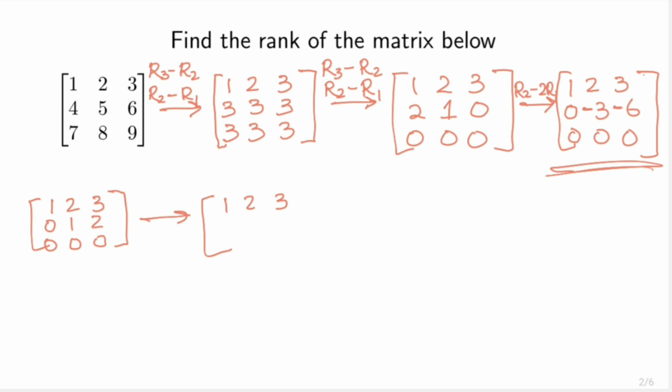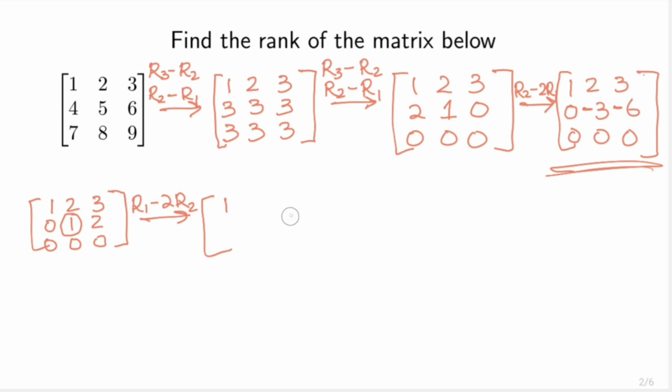So from here, what do we have? We want to use this 1 to eliminate the 2. So we subtract 2 times the second row from the first. So let's write, we subtract 2 times row 2 from row 1.